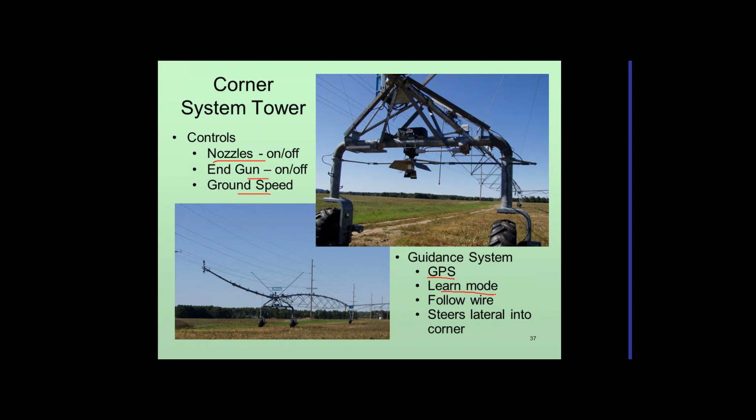Sometimes it's learn mode, so it knows that the main part of the system is at 0 degrees compared to some home, or 90 degrees or 45 degrees, and it knows, depending on the number of degrees of rotation, where it should be in the field. Some of them follow a buried wire, but in all cases we've got these guidance systems. So this is a steering system here to steer these wheels to make this system go into the corner and come out of the corner, depending on where it's positioned in the field.